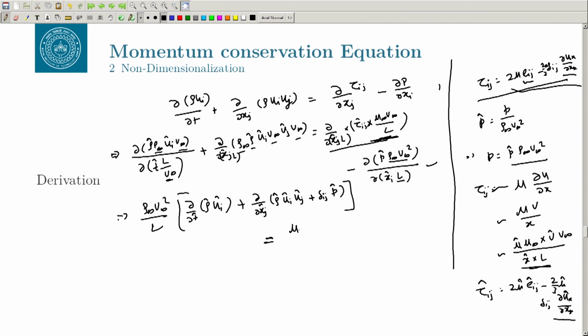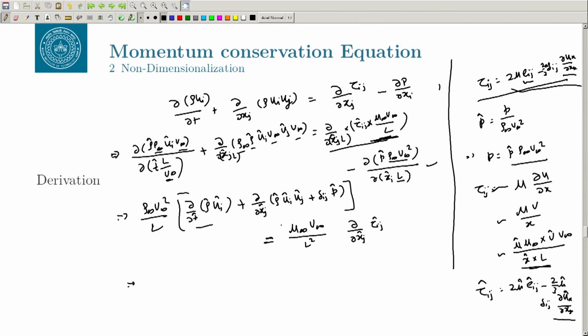On the right side you have mu infinity u infinity by L square, del by del x_j hat of tau_ij hat. So this is your left side and this is your right side.